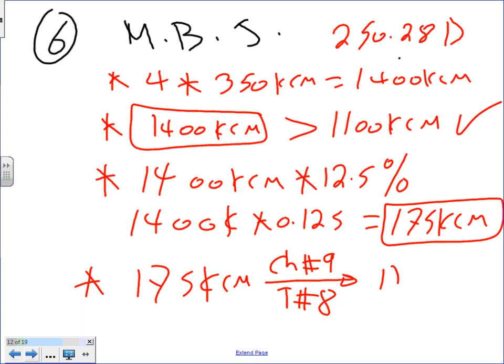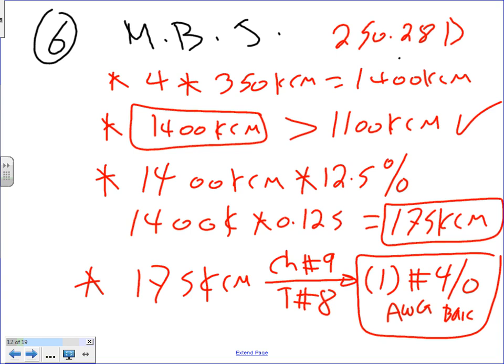That will give you one conductor, number 4 hot. Thank you. AWG, bare, insulated, or covered. Everybody knows where the 4 came from?